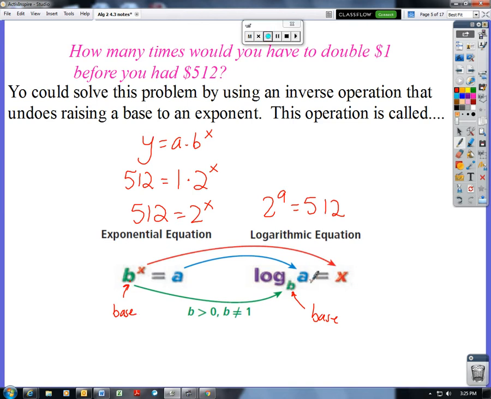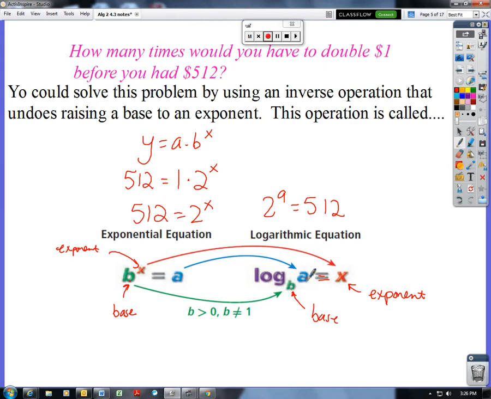So this whole logarithm has to equal an exponent. The x has to be the exponent. Sure enough, if I look over here on my exponential, it is the exponent. And there really isn't a name for the a, but the a goes right here. Once you figure out the base and the exponent, there's no other place for it to go. It has to go there.